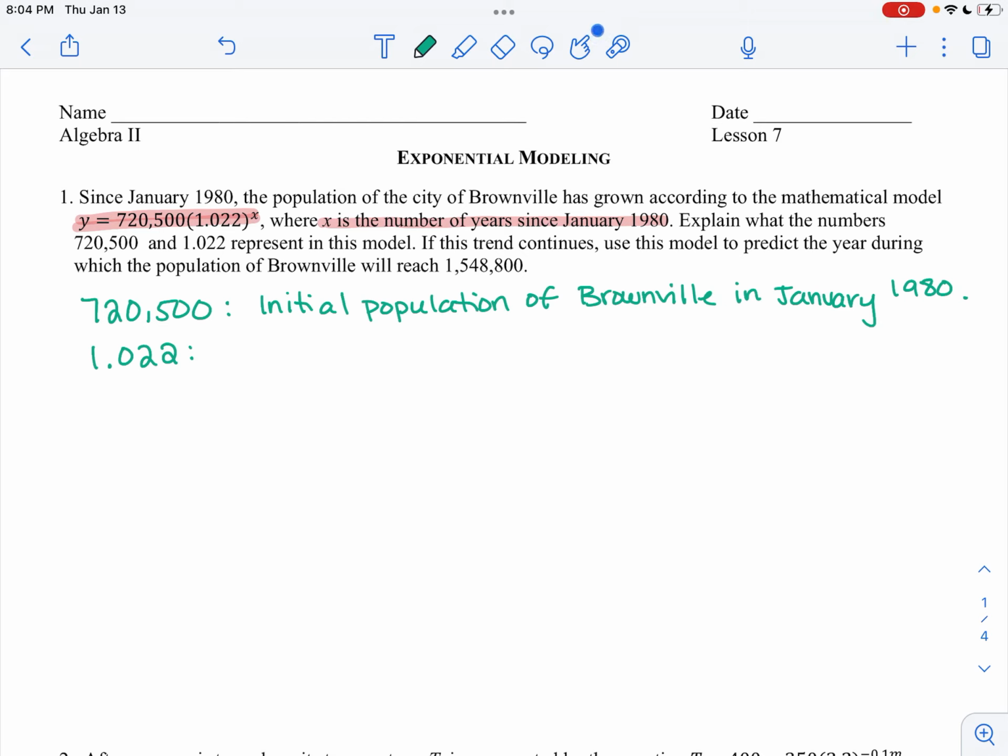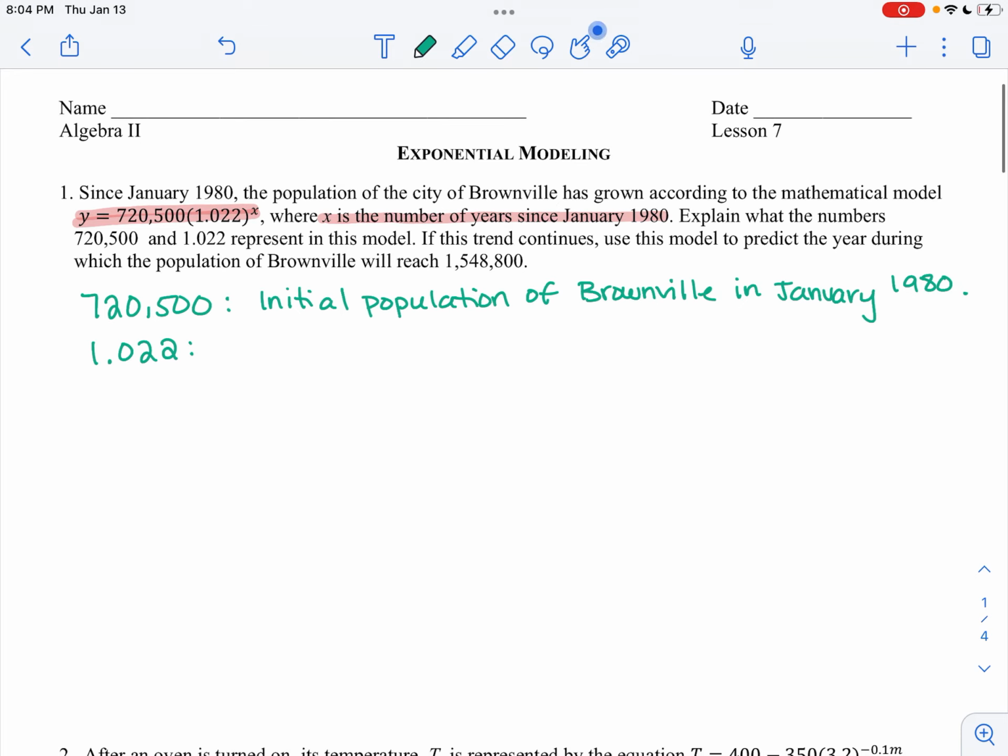Okay, now the 1.022, what this number is allowing us to see is the growth rate, which is 2.2% annual growth. Since X is the number of years, we know the rate would be based on that same time reference.